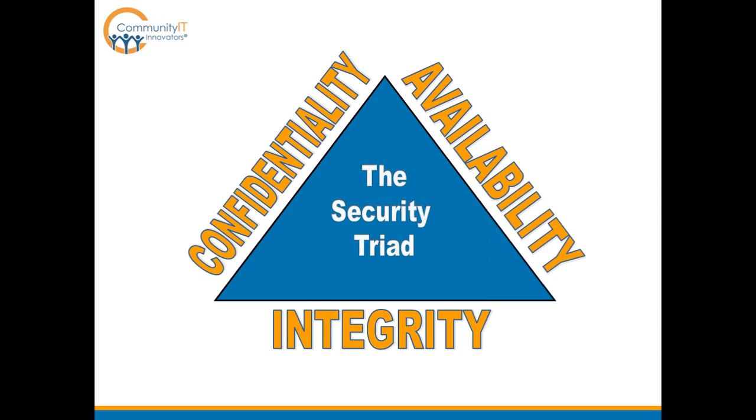Availability is the idea that you can get to your information when you need to. And so this might have to do with levels of redundancy in your system. If your firewall goes down, does that mean that suddenly you can't access your data? Or if a server fails, how long does it take to get that server replaced?